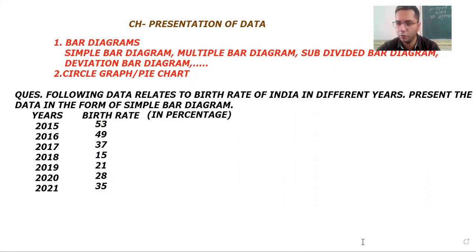Accordingly, you have to present the data by making a simple bar diagram. Okay, let's present the data. Now, I'm going to show you how to make a bar graph. This is your answer which I'm taking now. Let me change its color.